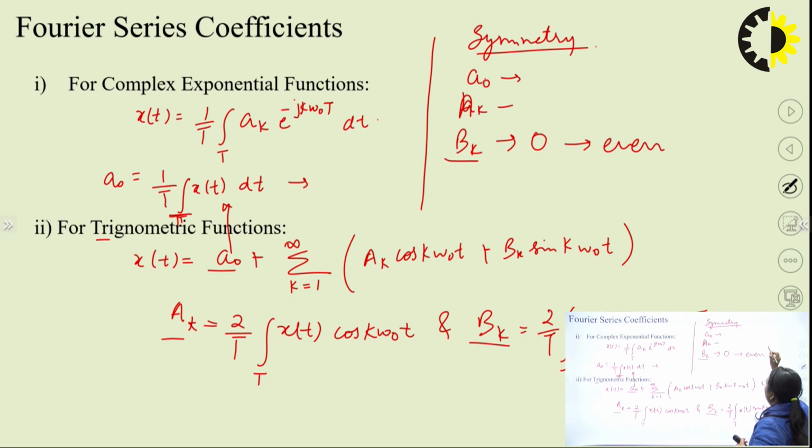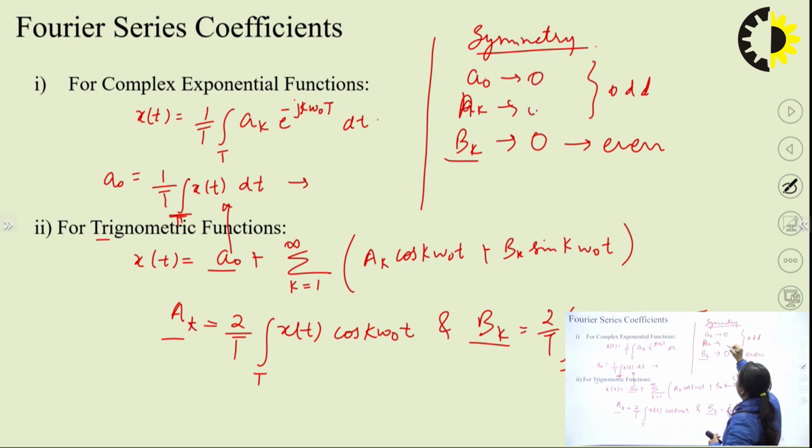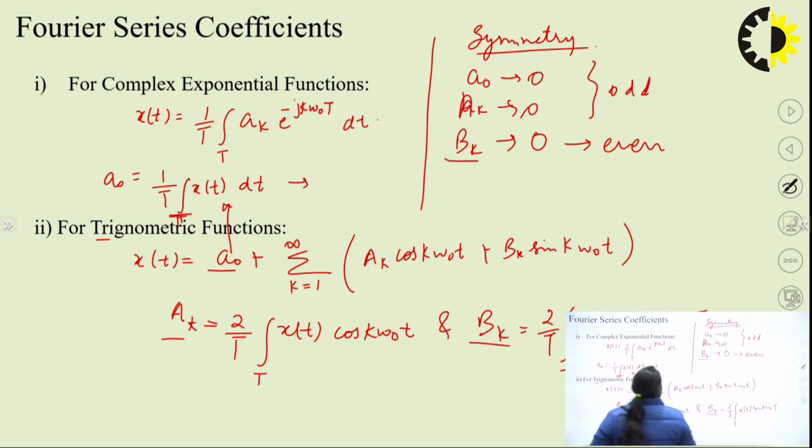But if the signal is odd, the coefficients a naught and ak will come out to be 0 when you solve for them.